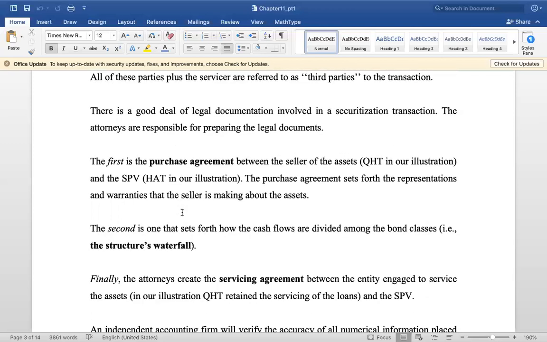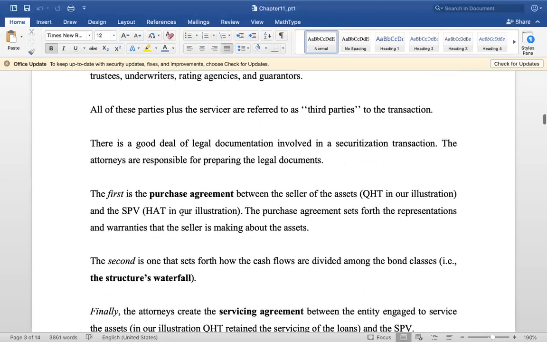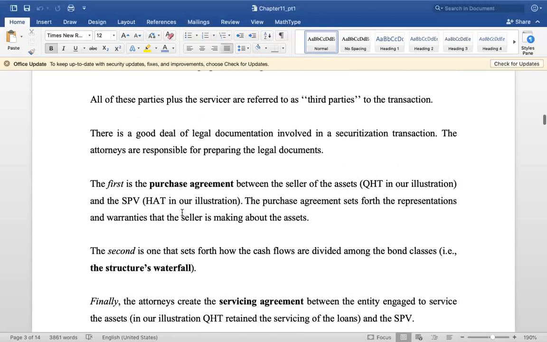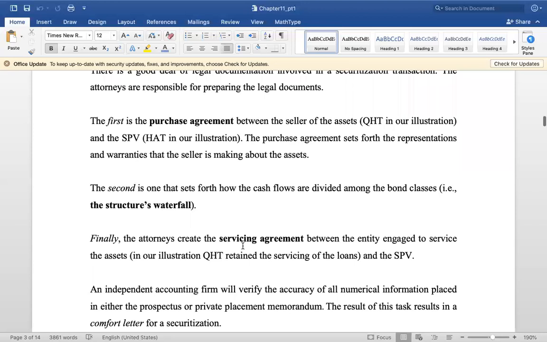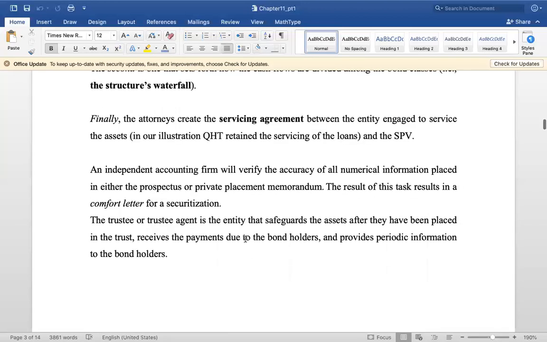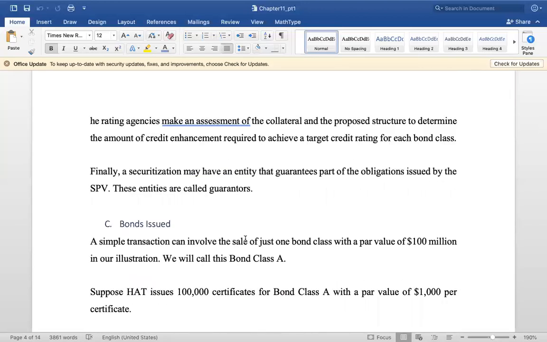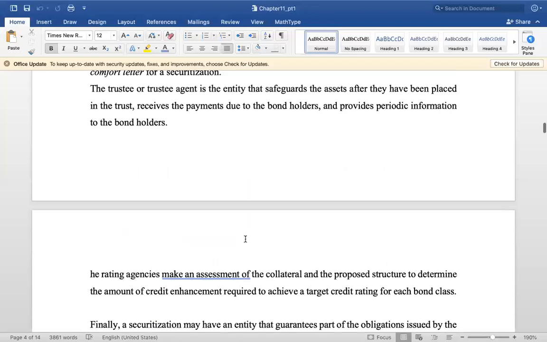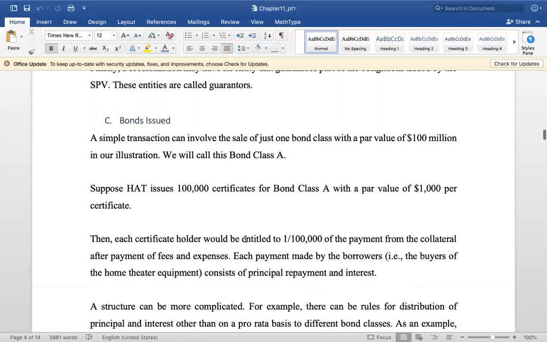So they all need the attorneys to deal with these things. Then there is also the structure waterfall agreement, the servicing agreement, and all other kinds of things. So we are not going into these details, but there are various different kinds of parties involved.